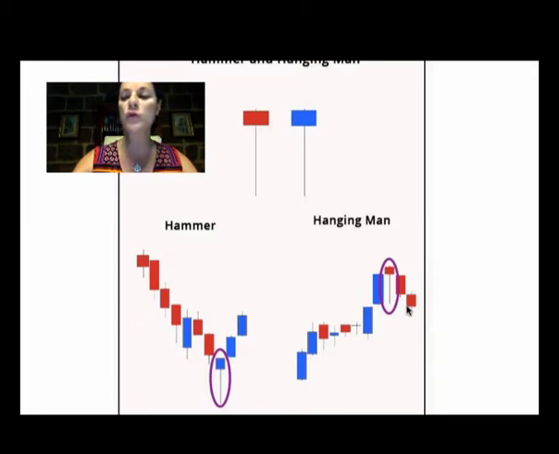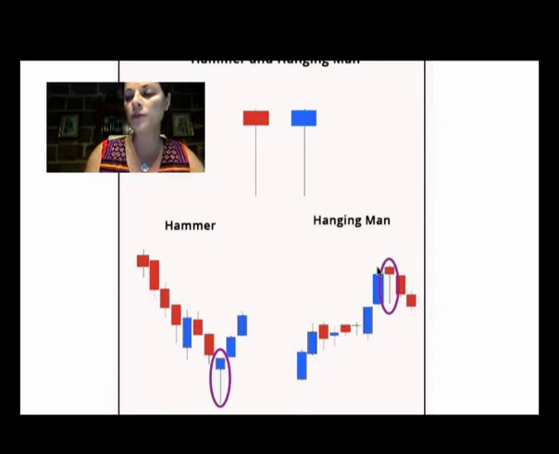A lot, of course, depends on the previous price movement. So if we are looking in this particular case at the hammer, we had a declining market, we had a seller's market, we had a downtrend. Whereas if you are looking at the hanging man, and when this happened, we had an uptrend, we had a seller's market.